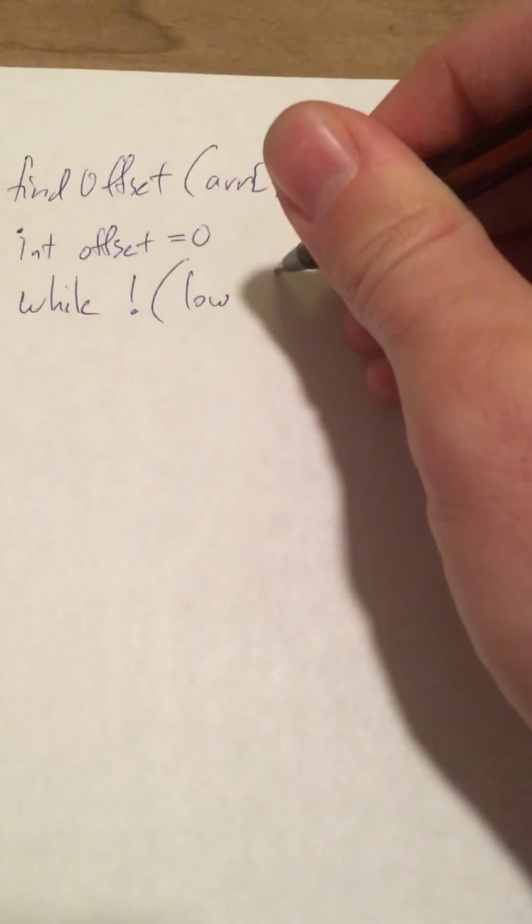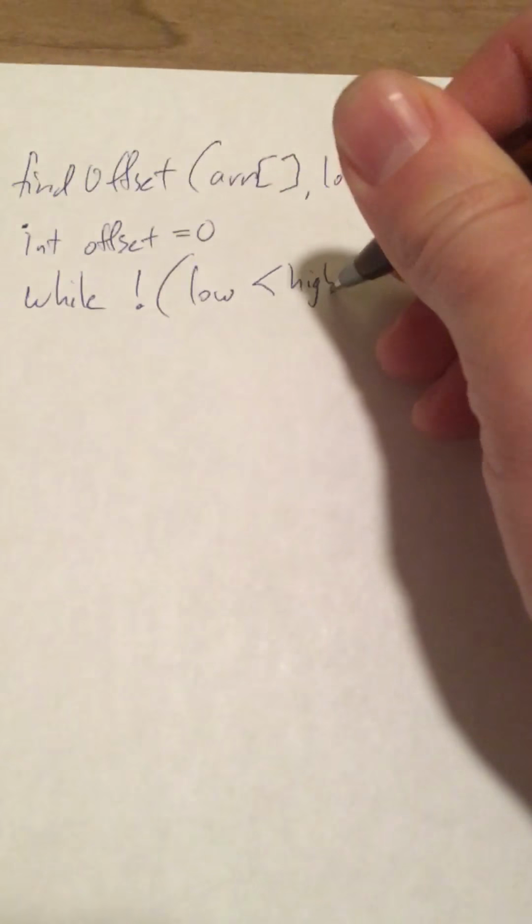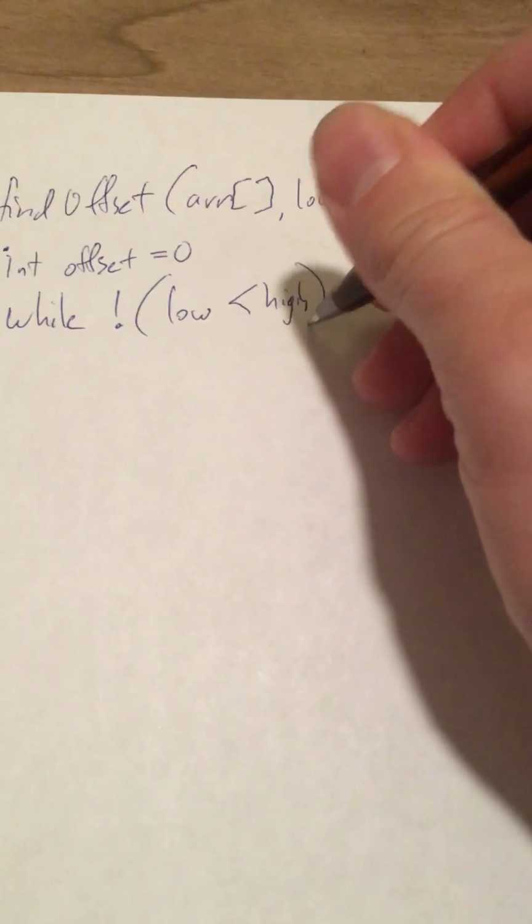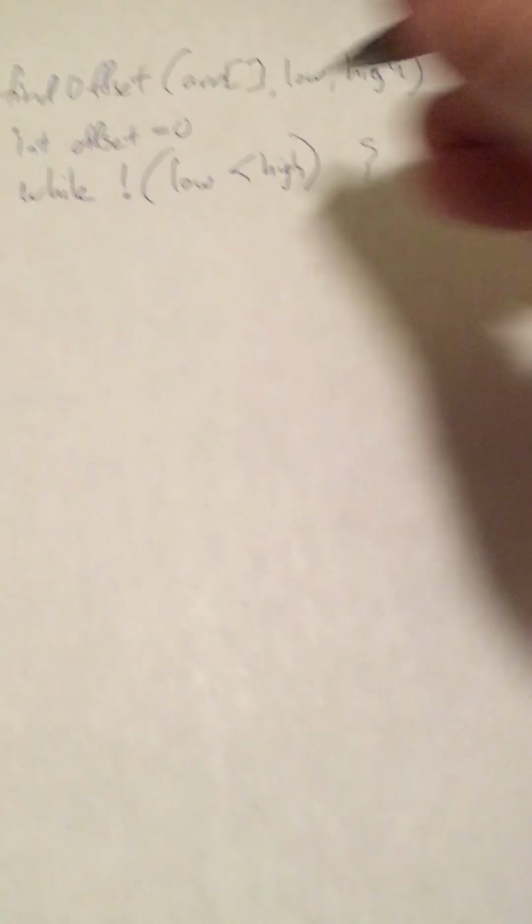So we'll use a while loop. Let's say while low is less than high. Then I want to increment offset. I want to increment low because we're going to close in, and I want to decrement high.